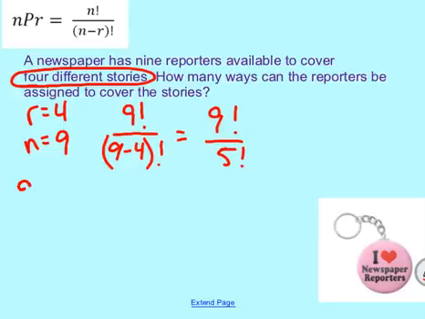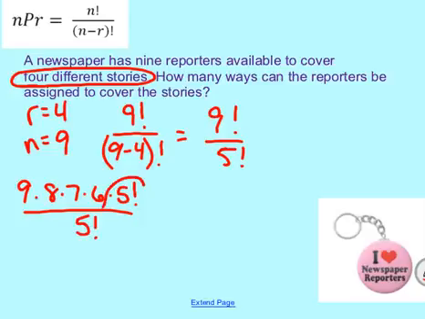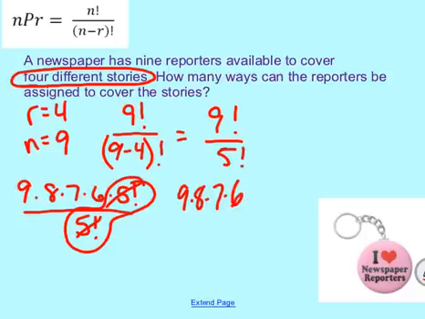And what I would start doing is suggesting 9 times 8 times 7 times 6, all the way the rest of the way down is 5 factorial. But if I'm dividing by 5 factorial, what can I do with these two values? They're going to be the same thing, so they're going to reduce to 1. Well, I don't need to write ones because we're lazy mathematicians. 9 times 8 times 7 times 6. This is going to be 72 times 42.